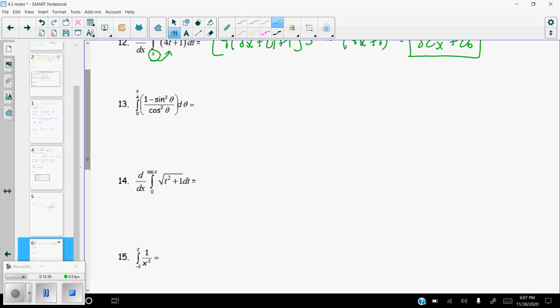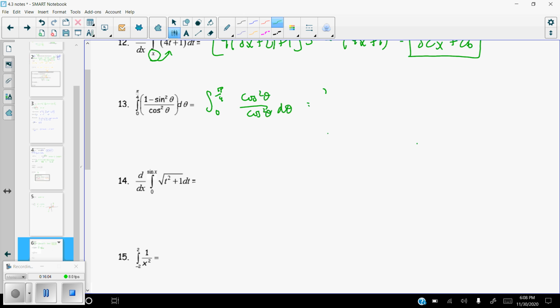Well, you kind of have to remember your trig identities. 1 minus sine squared of theta just happens to be cosine squared of theta. So what you really have here is the integral from 0 to pi fourths of cosine squared of theta over cosine squared of theta d theta. But of course, cosine squared over cosine squared is 1.